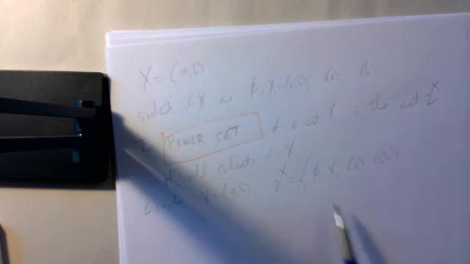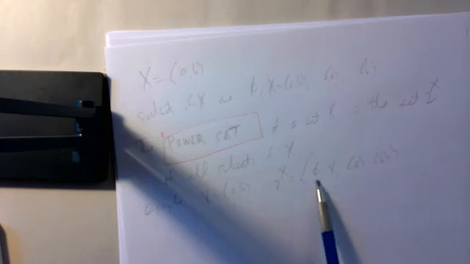And you'll notice there are 4 of them. The set X has 2 elements, and the power set has 4 elements.